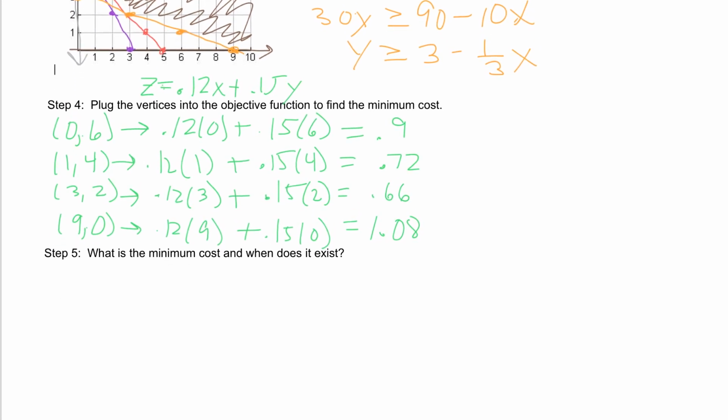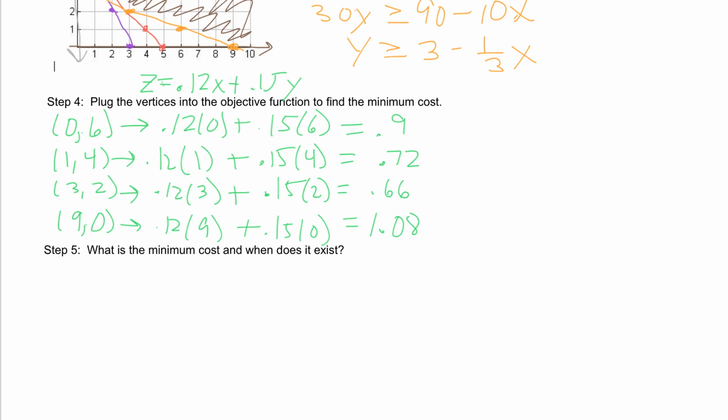Then what I want to do is I want to know what is the minimum cost and when does it exist. So if I go and look at all these values here, I want to find out which one is the minimum. So which one is the smallest one? And if I look for that smallest one, I can see that it's this right here. 0.66 is the smallest number from all of these.